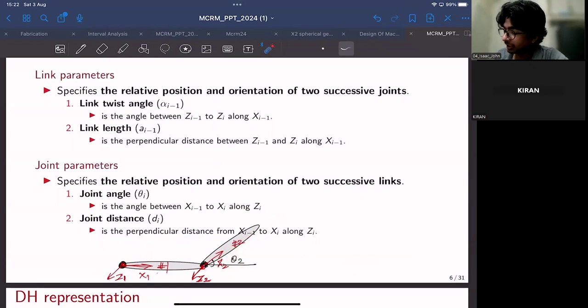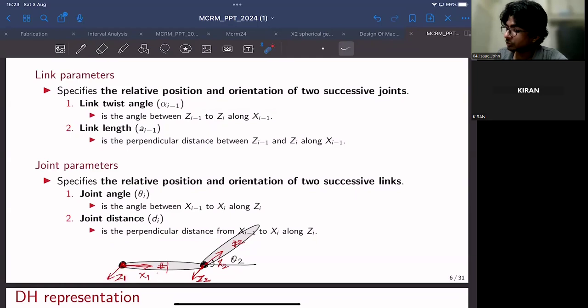And it is actually measured along z2, because theta 2 is basically a variable associated with frame 2. The relative orientation between x_{i-1} and x_i is measured with respect to z_i. In this case, it does not matter because z1 and z2 are more or less parallel to each other, so if you measure it with respect to z1 or z2, it does not make much difference.